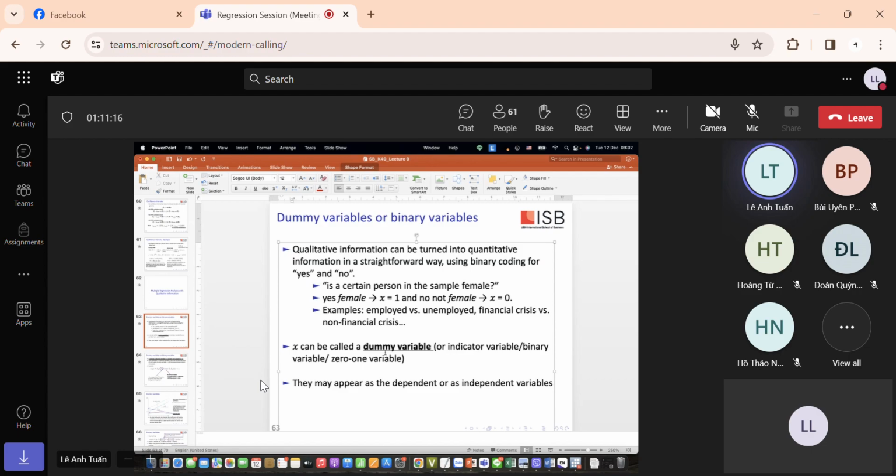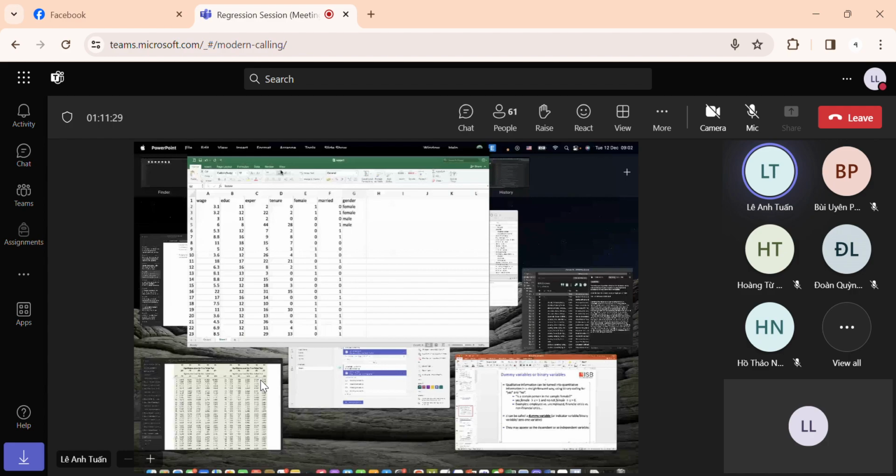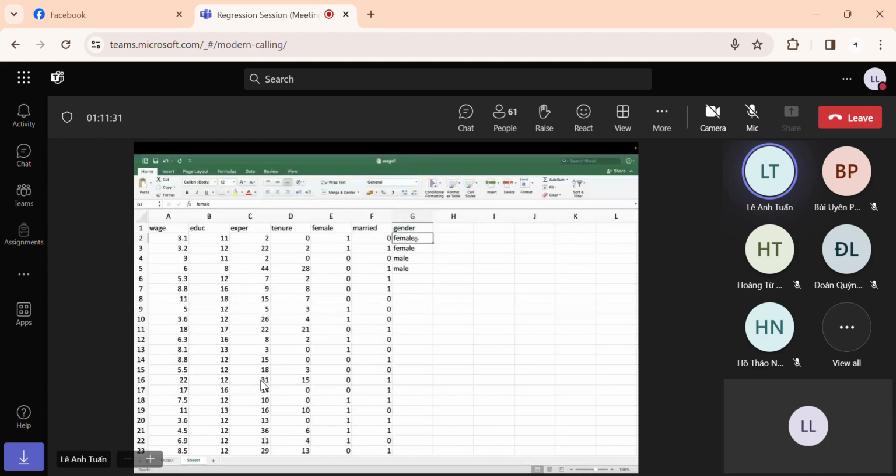They are the same. You can include the dummy variable as an independent variable or as a Y variable. For example, for gender, the first observation is female.